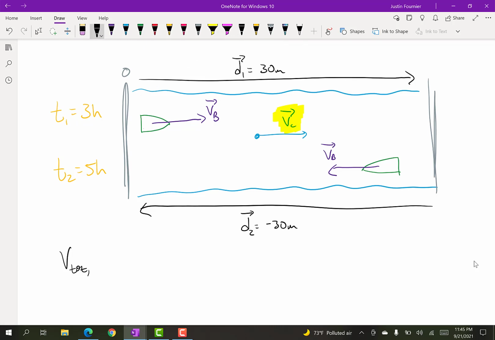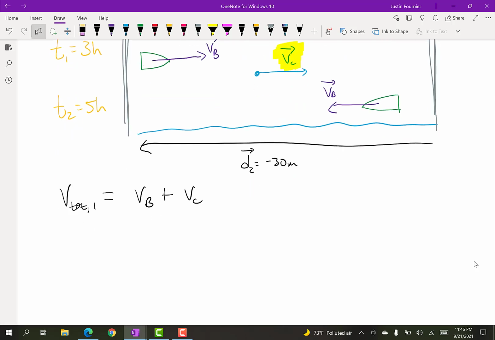So the total velocity for part 1 is going to be VB pointing to the right plus VC, because that's pointing to the right as well. I'll forego the vectors and I'll use symbols like positive and negative. So there you go, that's one relationship right there.